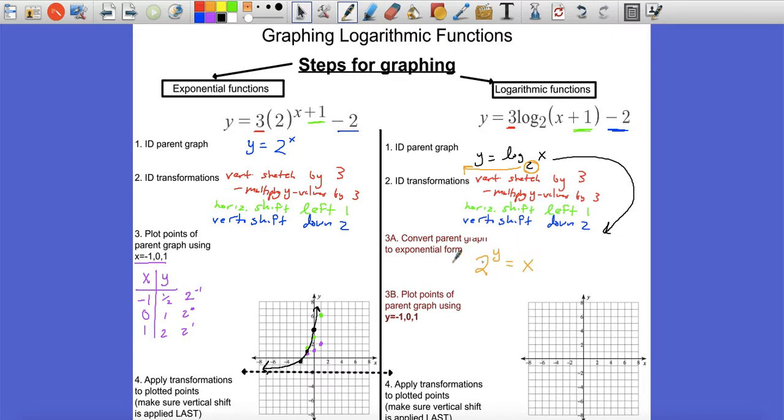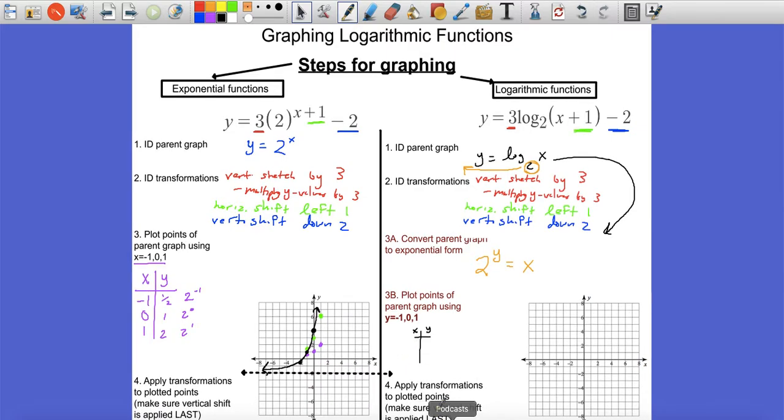And now, instead of plugging in x values like we did over here, we're still plugging in for the exponent, but the exponent's a y now. So we're going to plug in y values of -1, 0, and 1. So make our t-chart, x and y. We've got 2 to the negative first.